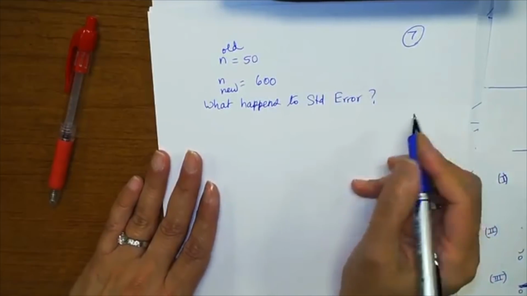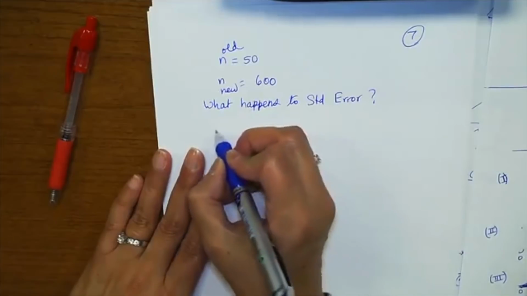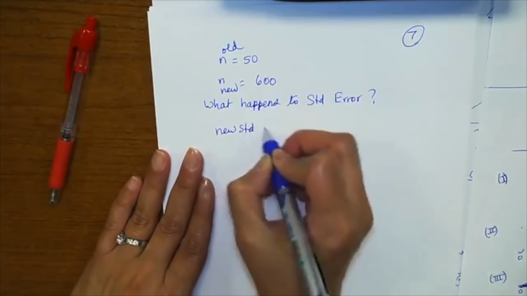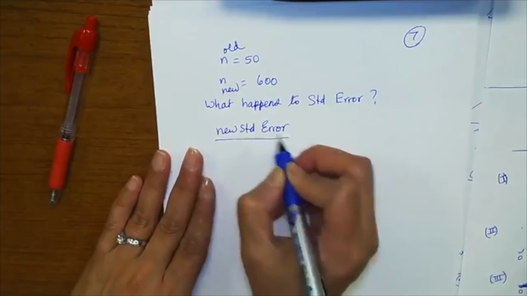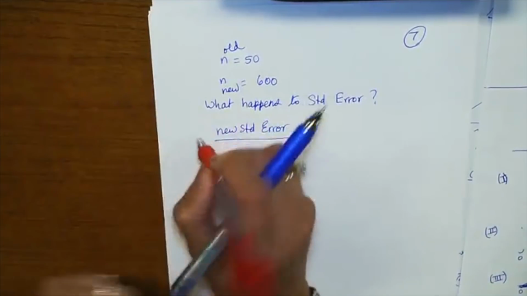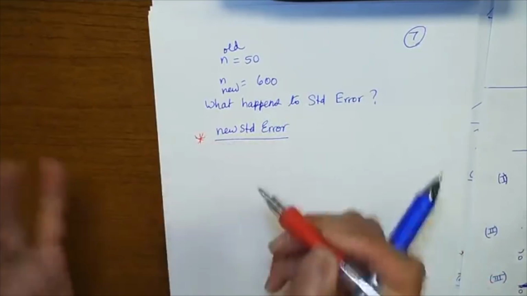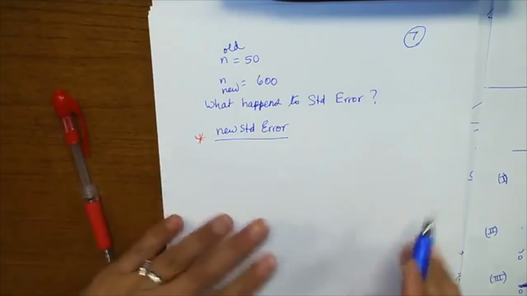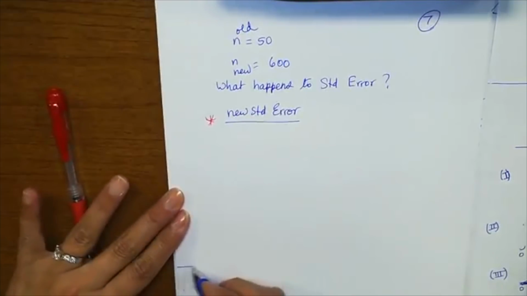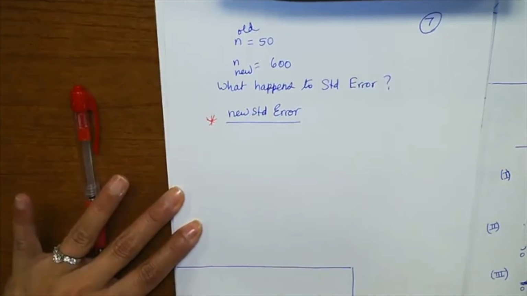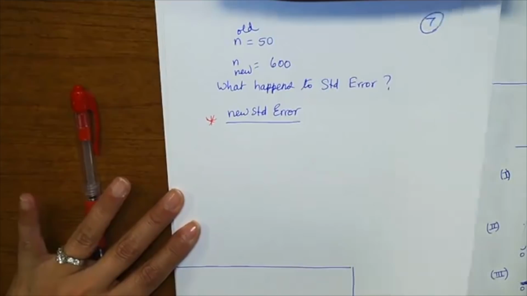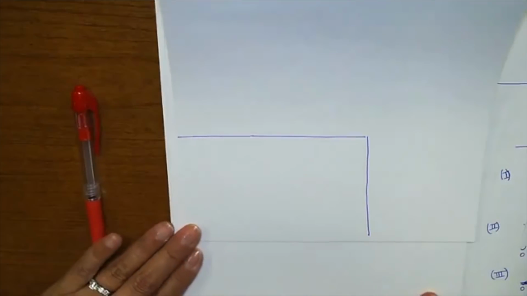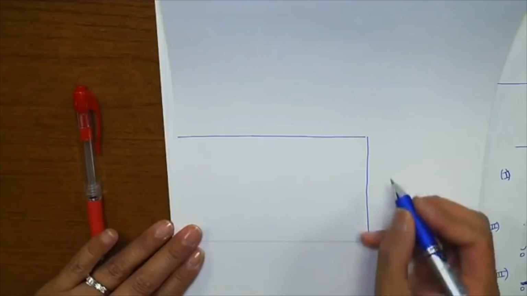There's a formula that says the new standard error, this should go on your cheat sheet, okay? You have a 3x5 cheat sheet, right? Which is about this big. Use the back and front.